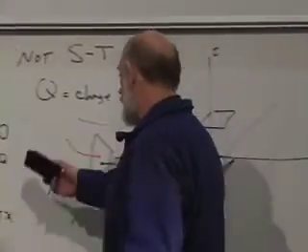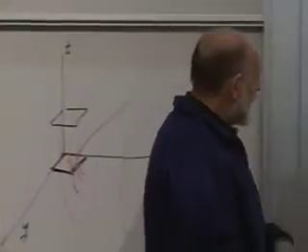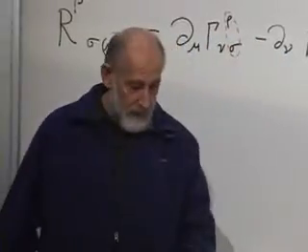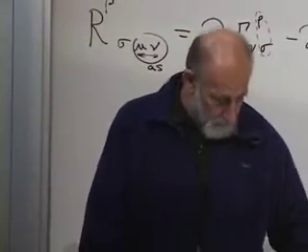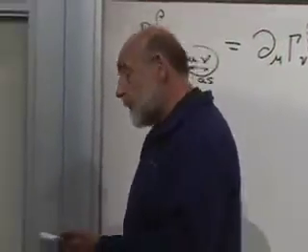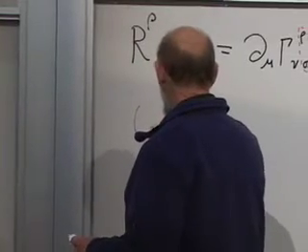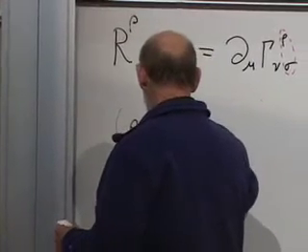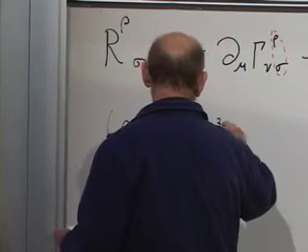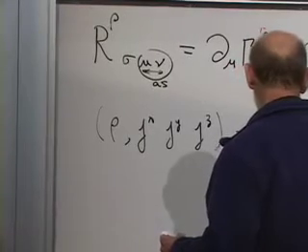And these objects together form a 4-vector. It's natural to group them together into a 4-vector. That 4-vector is called the current, the 4-dimensional charge current. You group together rho, Jx, Jy, and Jz, and those you just call J mu.